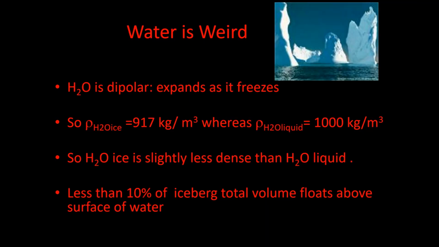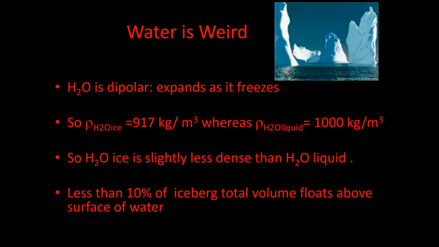The only thing that is a bit strange is water itself is weird, which is annoying since it's the most ubiquitous material almost on the planet. Water is dipolar, and we're going to discuss this in a bit more detail later, and it expands as it freezes.